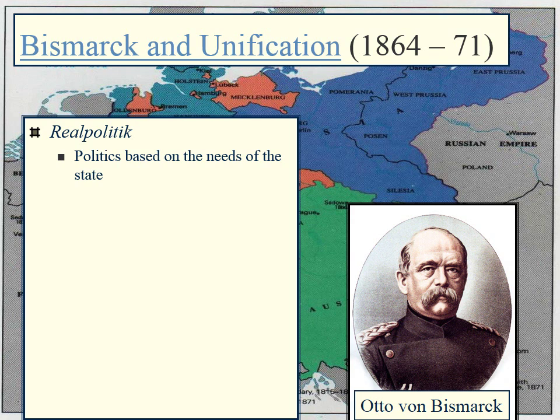So even though he's trying to get the people on his side, everything he's doing is to help the unification process. And as I stated, he's an extreme loyalist to the crown. So in reality, realpolitik is also real politics based on the needs of the king. He wants to put Wilhelm as the emperor of Germany. He wants to make him the first emperor of Germany.